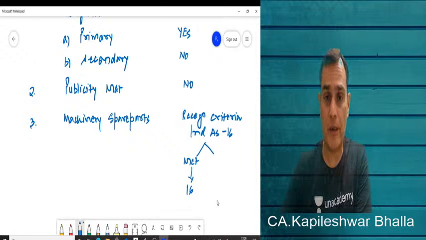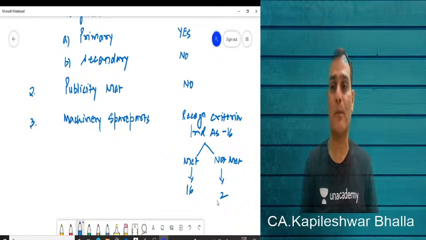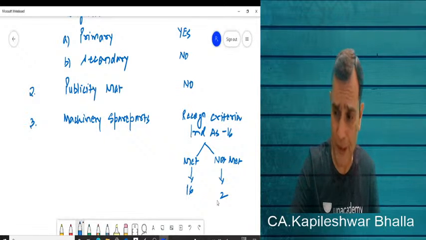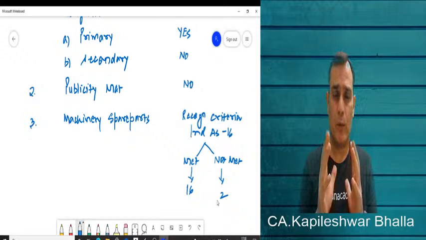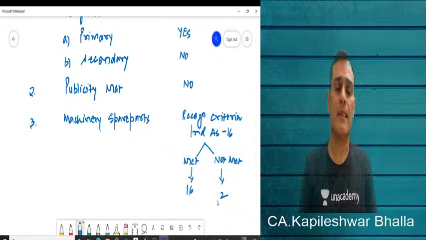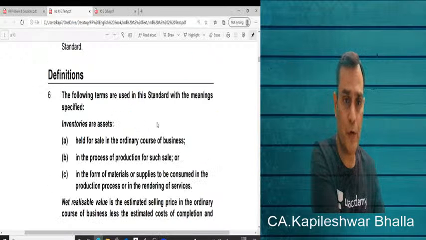And if the recognition criteria is not met, then it is covered under Ind AS 2. It is going to be treated as inventory, simple and straight. So this takes care of my first phase of discussion, where we have very deeply seen the concept of definition of inventory.